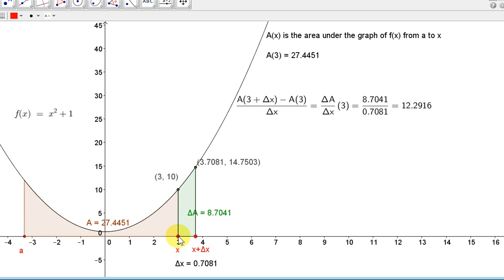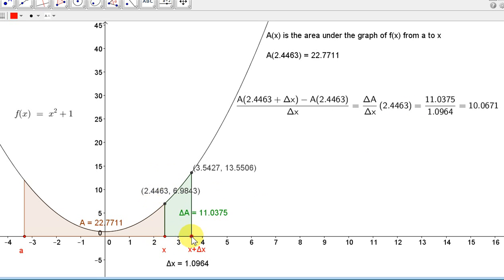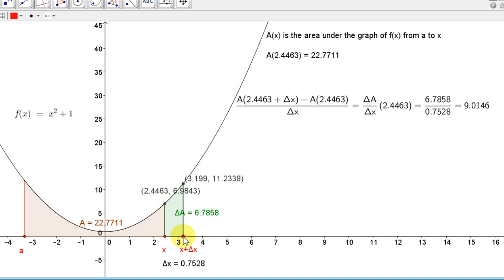And that's true in general. Let's suppose we make x equal to 2.4463. Now, this time delta A is 11.0375, but anyway, whatever, if we make delta x approach 0, you can see that delta A over delta x is actually approaching the y value of x, which is 6.9843.